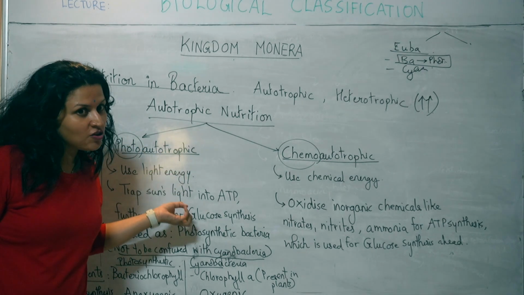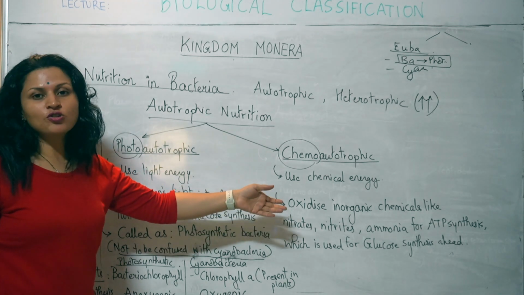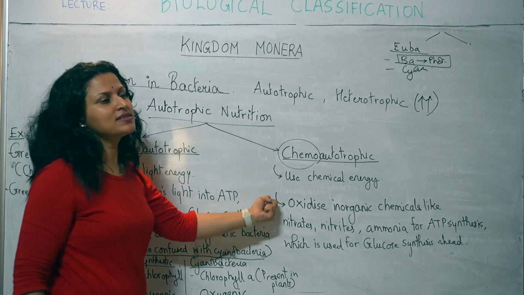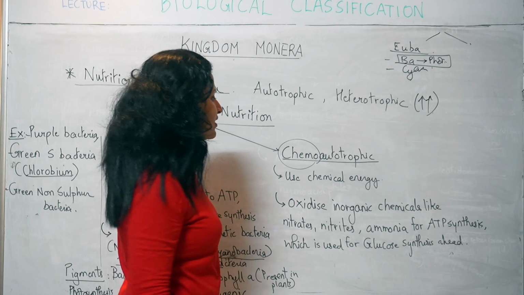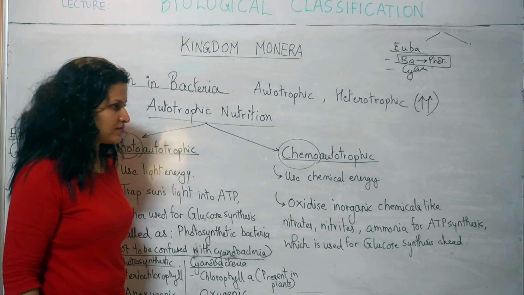They use sunlight for their glucose synthesis, and these are chemoautotrophic bacteria. They oxidize certain chemicals like nitrates, nitrites, and ammonia for ATP synthesis, which they use for their food synthesis. Cool?